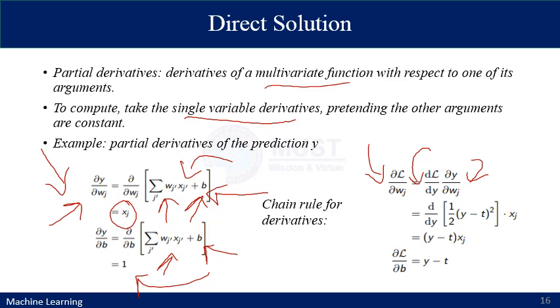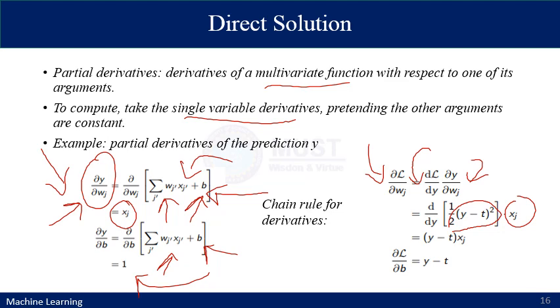We have calculated the partial derivative with respect to the weight, which is equal to x of j, and we have the loss function described in the previous slide, which was 1 by 2 times (y minus t) whole squared.